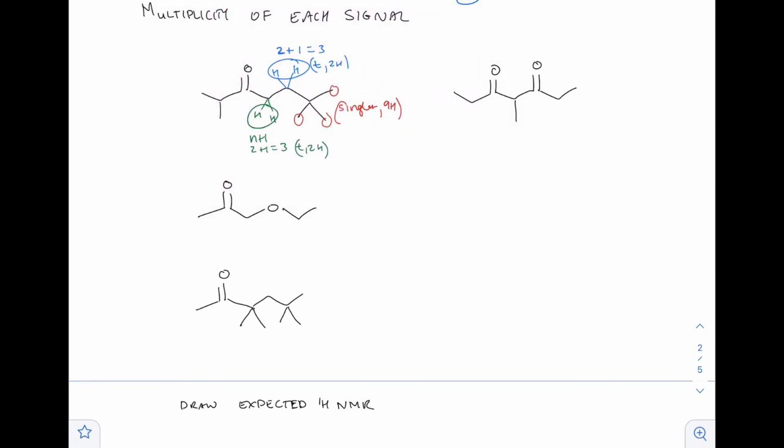We do have a proton here. We've also got, I'm going to put brown ones here. CH3, CH3. So these are equivalent. They are both methyl groups. They see this pink one, and since they see 1, we have 1 plus 1 equals 2. So these would be doublets, and it would show up as 6 protons because they are equivalent.